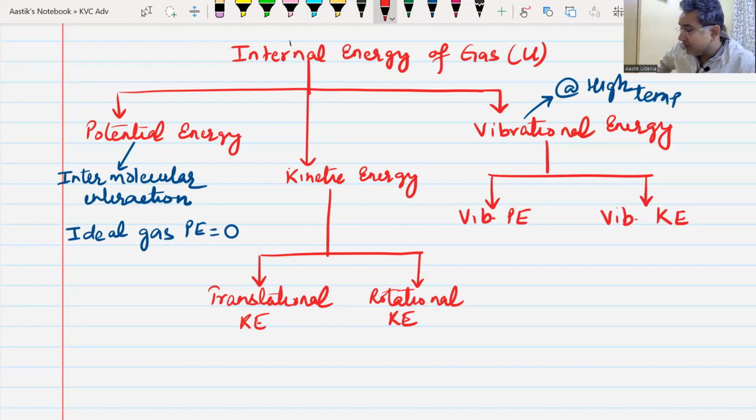If we neglect the higher temperature and we neglect the potential energy, the total energy of the gas is in the form of kinetic energy of its molecules, whether it is rotational kinetic energy or translational kinetic energy. Do we understand this? Everyone understands this? Law of equipartition of energy.